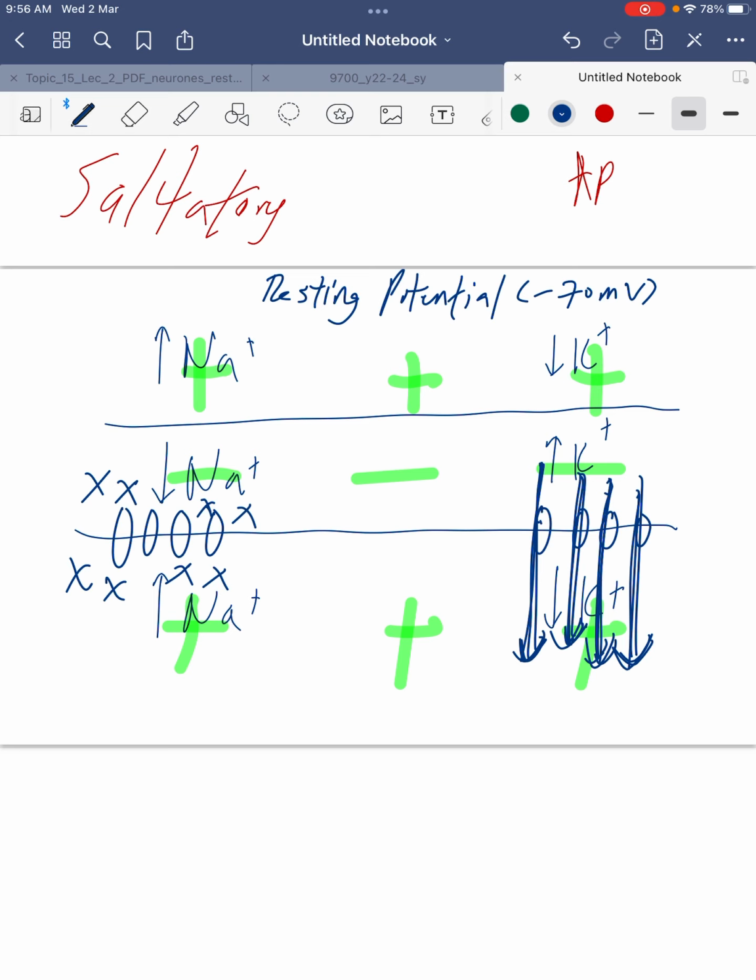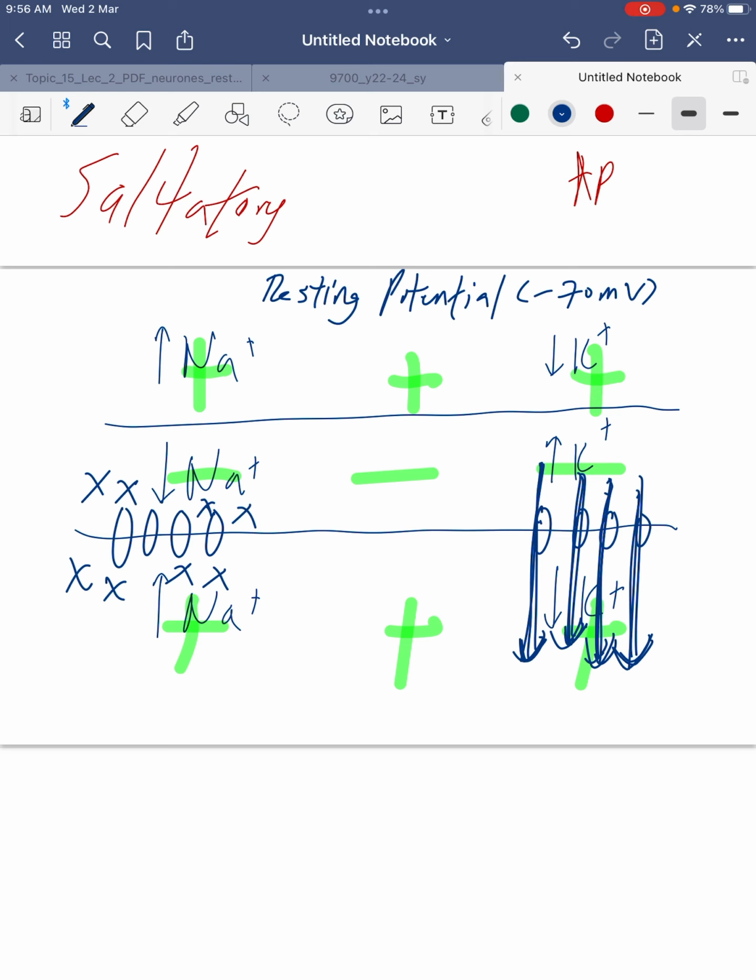And so the inside is more negative compared to the outside because potassium ions leave the axon, and of course there is the action of the sodium-potassium pump. Now this is in resting potential.